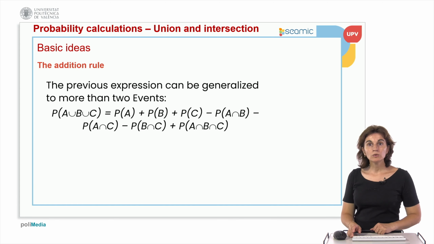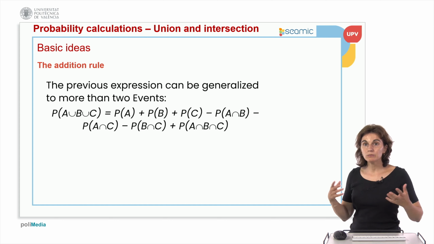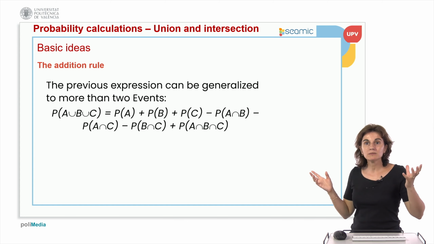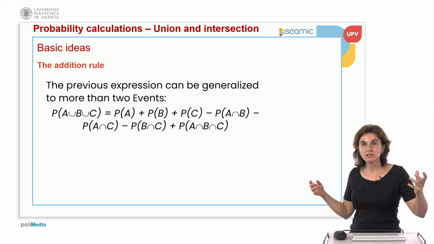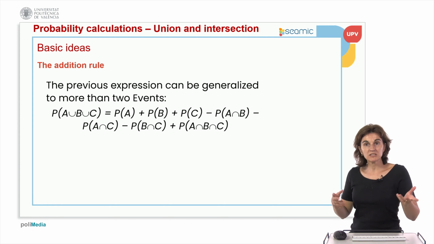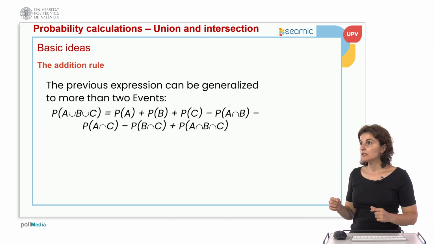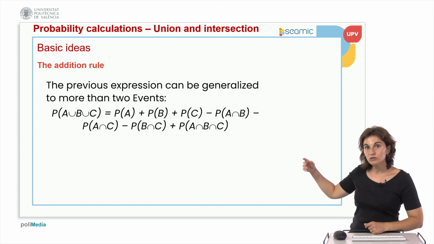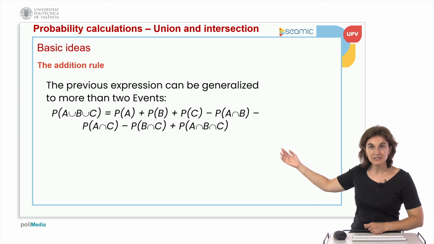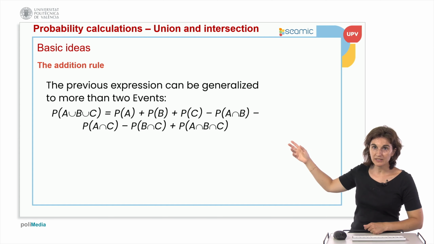This addition rule could be extended to 3 or more events. In this course, it doesn't make sense to worry about problems that combine 4 or 5 or 6 events. This is not our objective. But it's interesting to see that the addition rule can be extended to 3 or more events. We just have to subtract as many times as needed the double intersections.